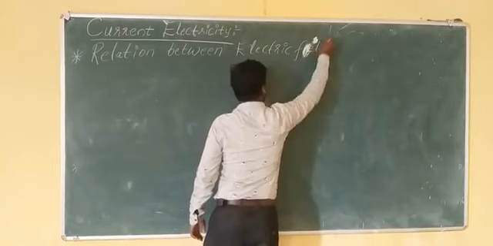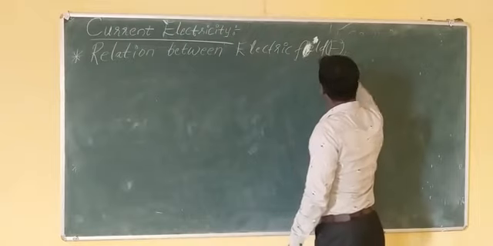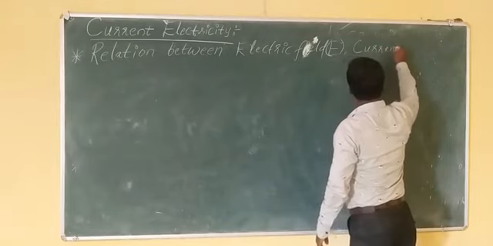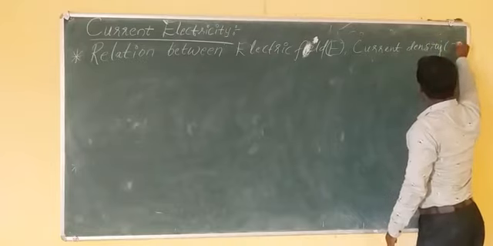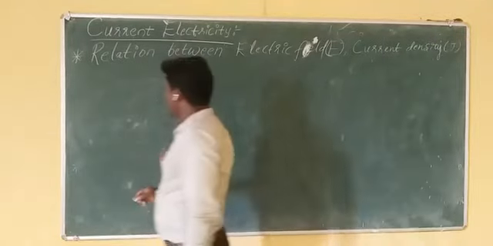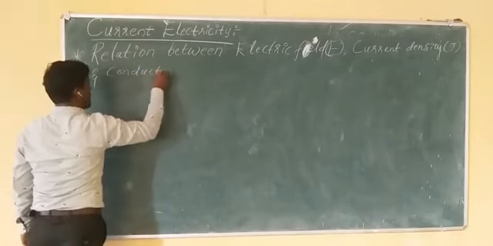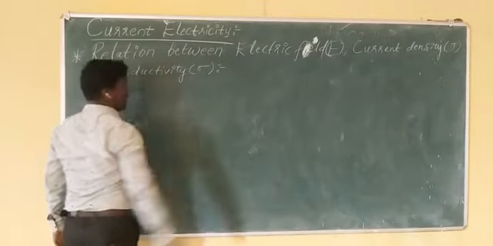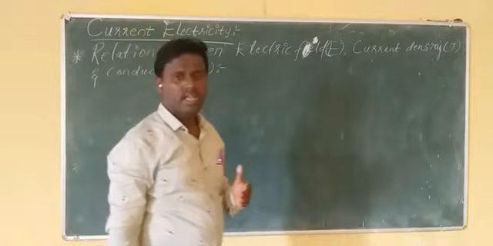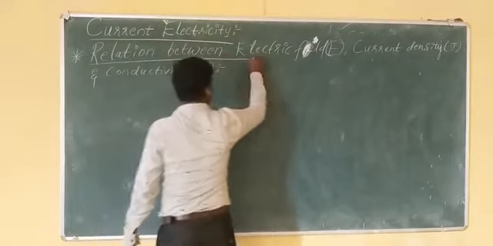Electric field means E. Electric field E, current density J and electrical conductivity sigma.